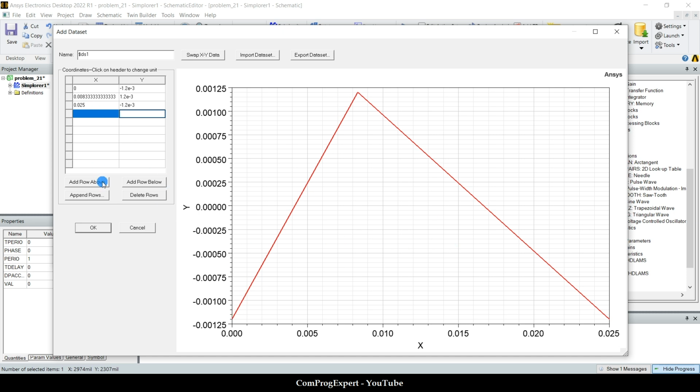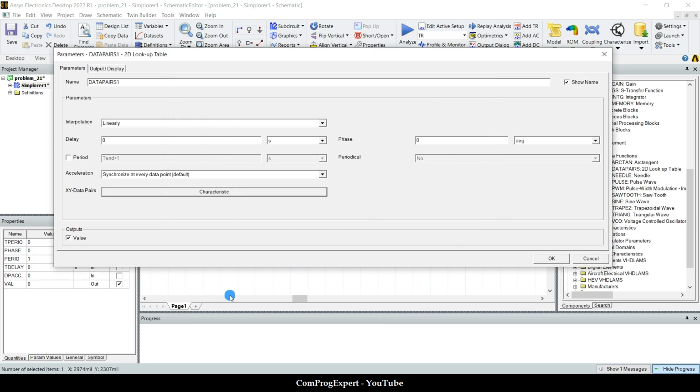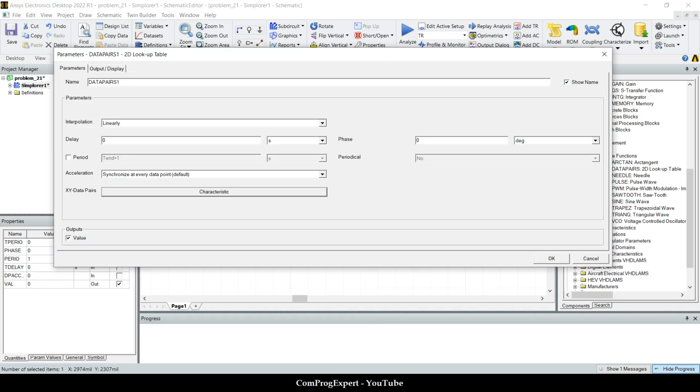The waveform is periodic. The frequency of this waveform is 40 hertz. The period is 25 millisecond, the electric period of this waveform. Here we should consider the periodic, right?